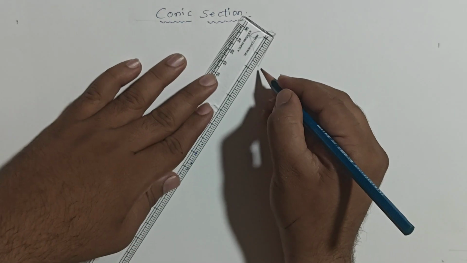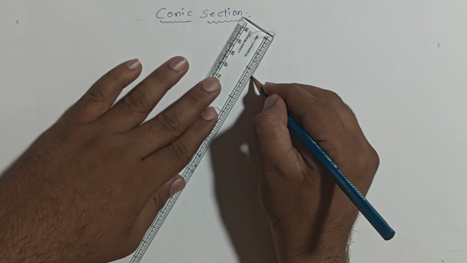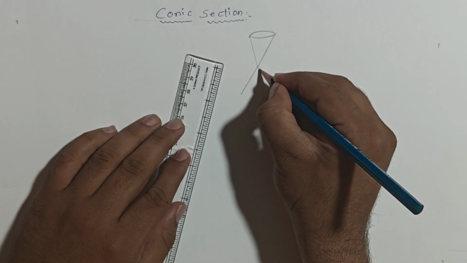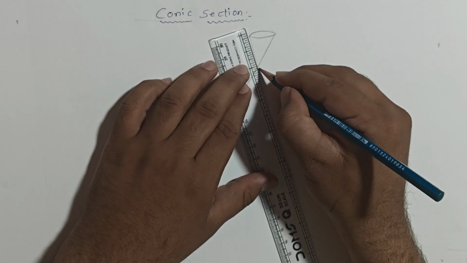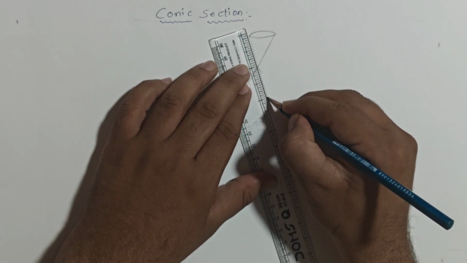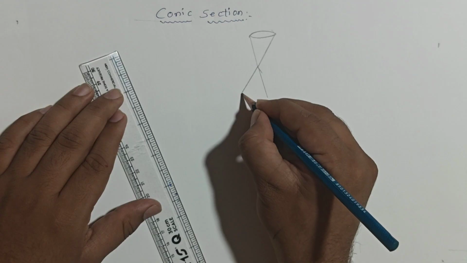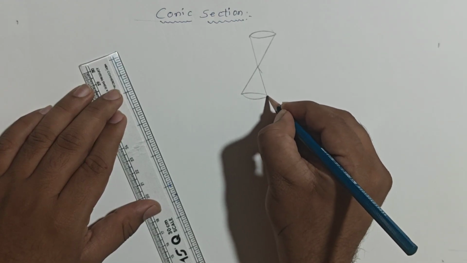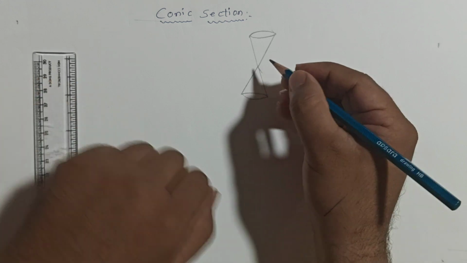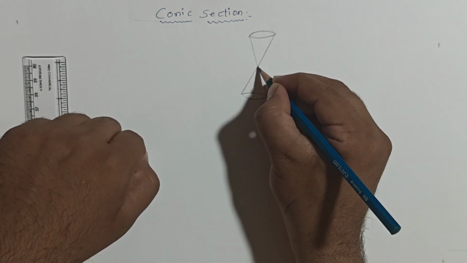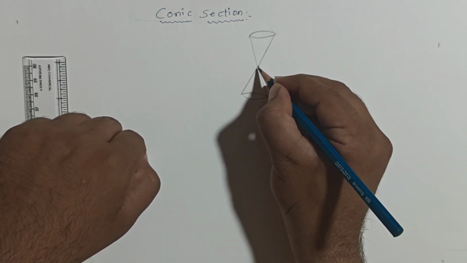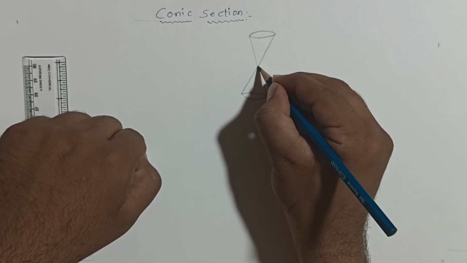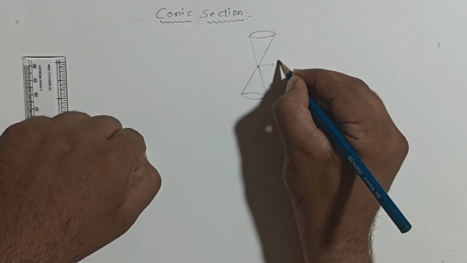This is one cone, and one more cone is mounted at the tip of the cone, which is called a double nappe cone. Okay, let us see. The topmost point, or intersection point, of the cone is called the apex.